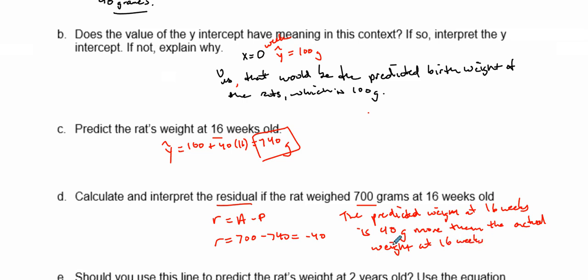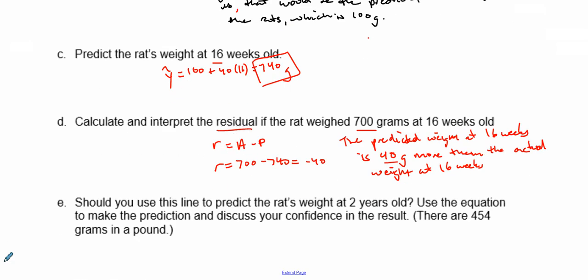Since the residual is negative, the predicted weight is going to be greater than the actual, 40 grams more than the actual weight at 16 weeks. You could also say that the actual weight is 40 grams less than the predicted value. In any case, that's what our residual is talking about.